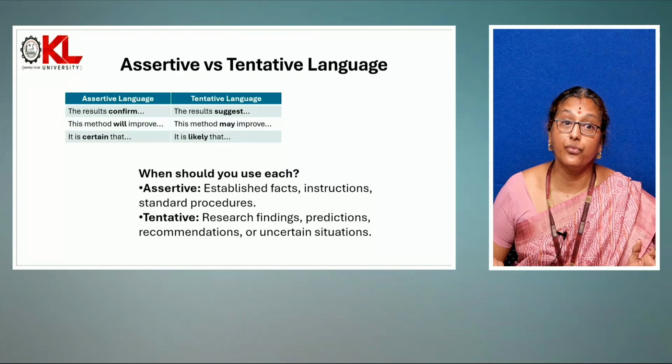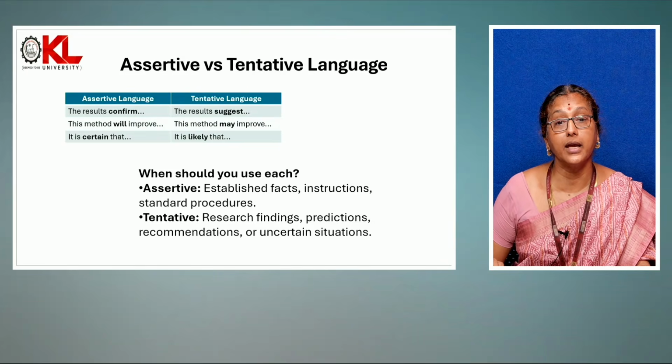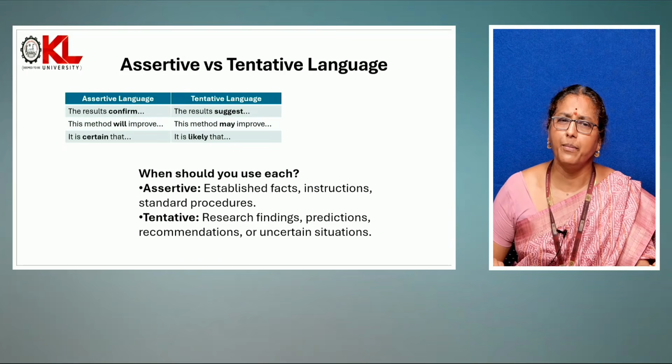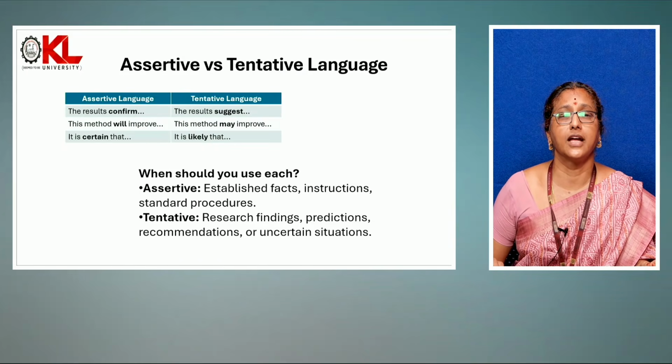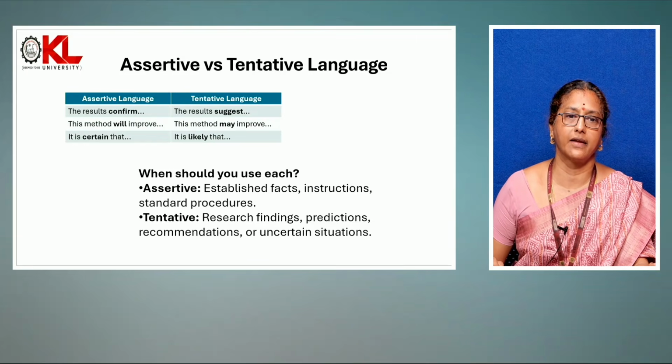This method will improve. When you are using modal verb will, it becomes an assertion. Instead, if you are using this method may improve, there's a tentative, a bit of doubt. It is certain that, that is an assertive language. It is likely that is a tentative language.